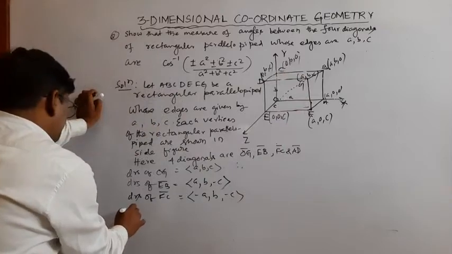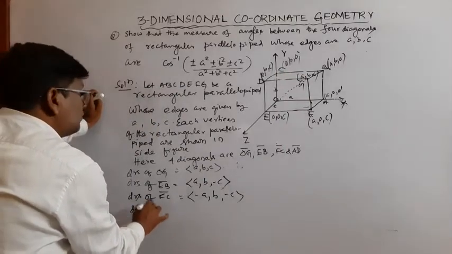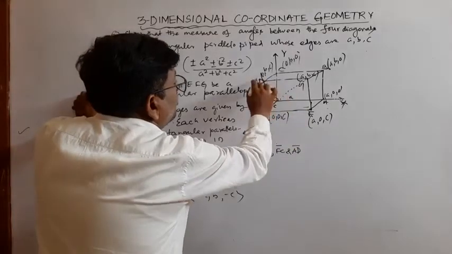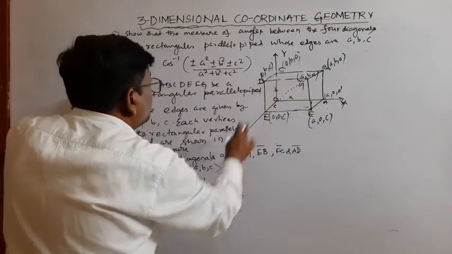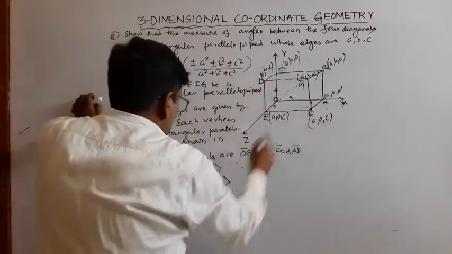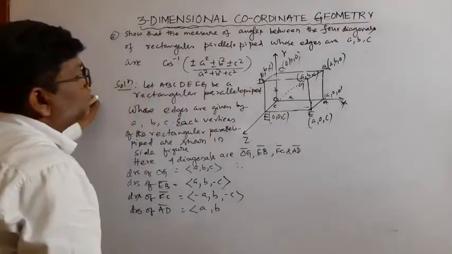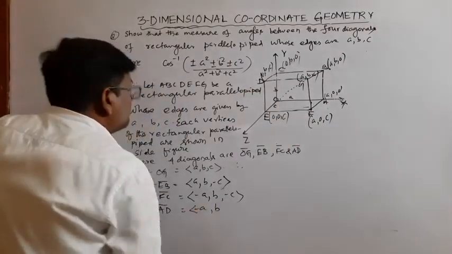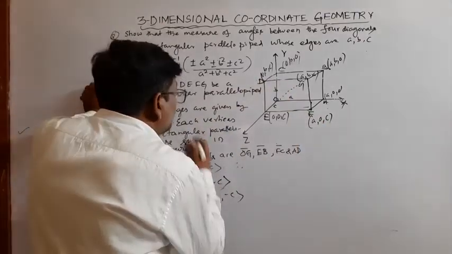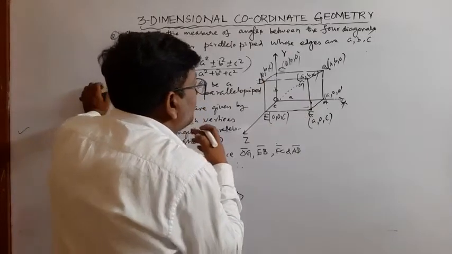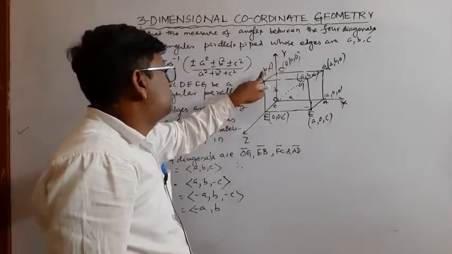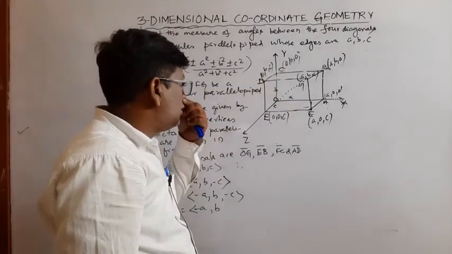Now DRs of AD means D minus A. So 0 minus a is minus a, b minus 0 is b, c minus 0 is c. D is on the yz plane, so 0, b, c, and A is on the xz plane.